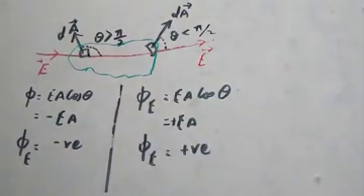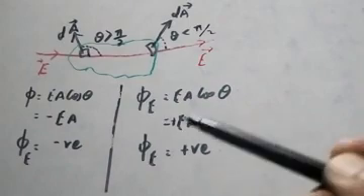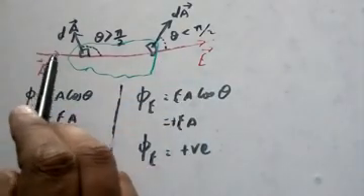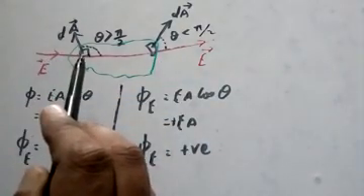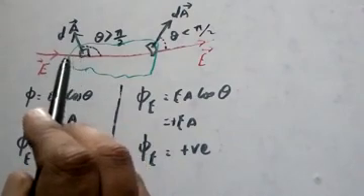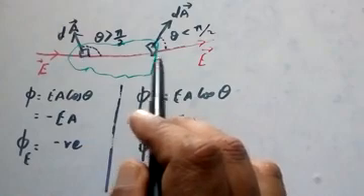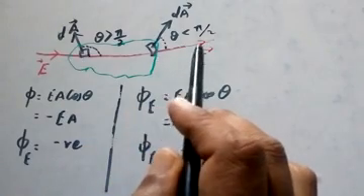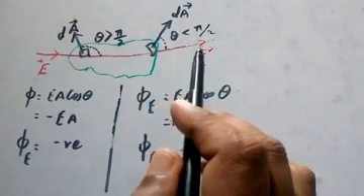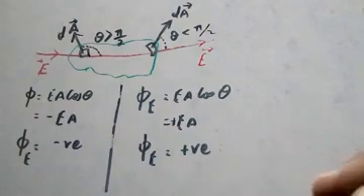But is there any easier way to find it rather than calculations? There's a very simple way. If the electric field lines enter a closed surface, the electric flux is negative. If the electric field lines leave a closed surface, going away from the object, the electric flux is positive. Let me write this down.